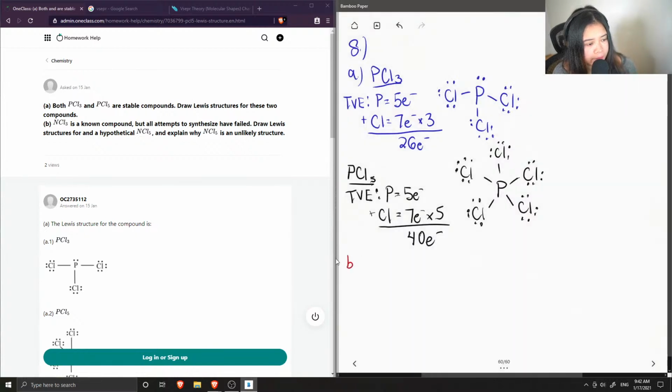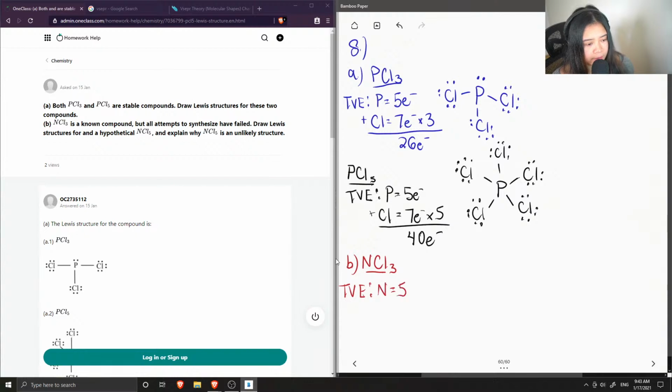So now for part B, we need to draw Lewis structures for NCl3 and a hypothetical NCl5. So first let's show the Lewis structure of the nitrogen trichloride. And let's calculate its total valence electrons.